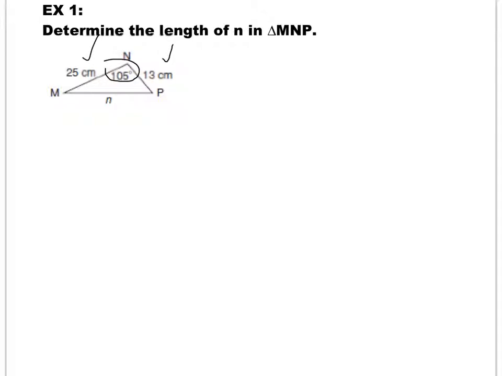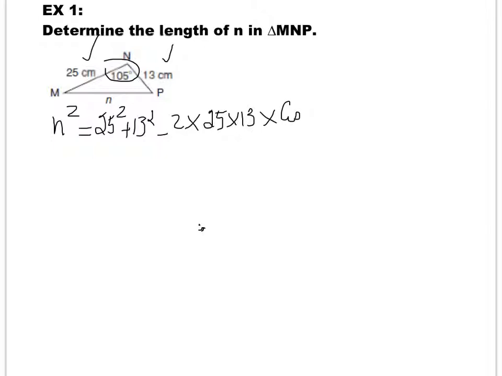So we are going to write n squared is going to be 25 squared plus 13 squared minus 2 times 25 times 13 times the cos of the angle between them.